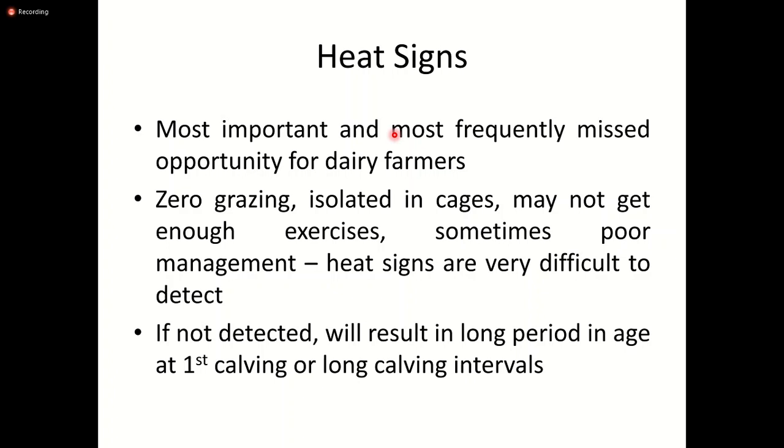Then, during the breeding season, we have to check for heat signs, right? Heat signs mean they are ready for breeding or conception. After 12 months, as they get close to 18 months, they start showing heat signs, meaning they are showing that they are ready for the breeding process, right?